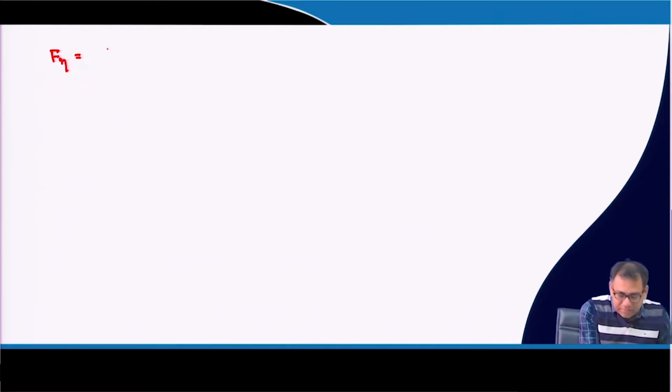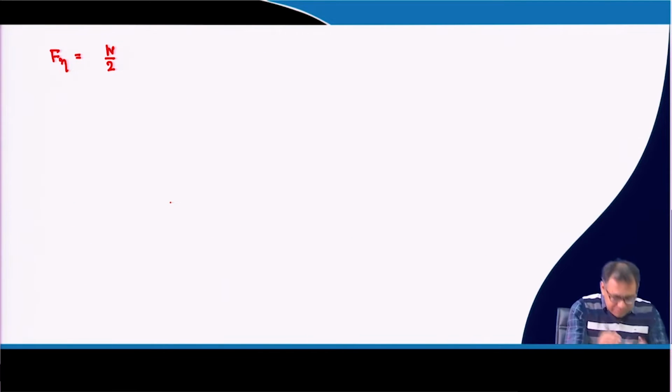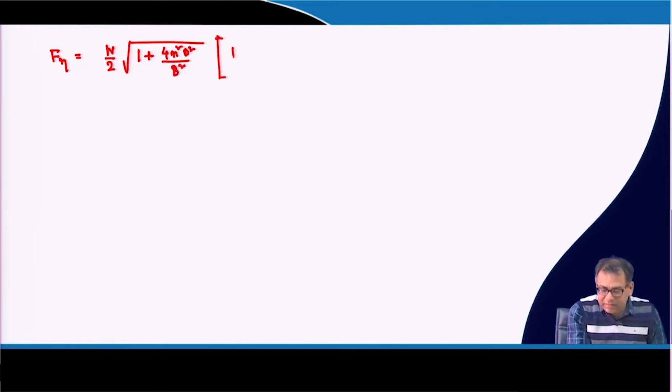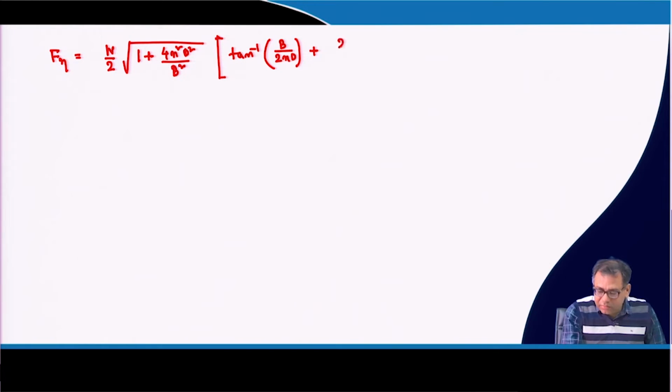So, I can put all these values here, and finally, I will get the expression of Fn. That will be W by 2, then R is there. If I put theta, sin theta, cos theta and R in terms of N D and B, and simplify the equation, I get the Fn expression: W by B root over 1 plus 4 N square D square divided by B square, because this is R, and then theta is tan inverse of B by 2 N D. If I multiply sin theta and cos theta, I also get the term 2 N B D divided by B square plus 4 N square D square.